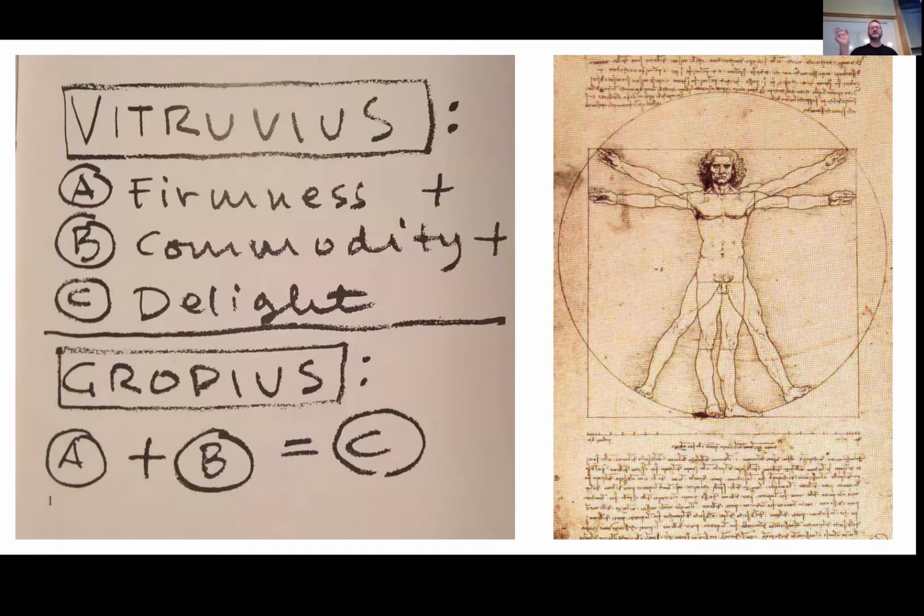Does it stand up to the forces in the environment? Does it function? That's how some of us interpret commodity. And then the third element, co-equal in how some of us read this: is the result something beautiful or delightful?